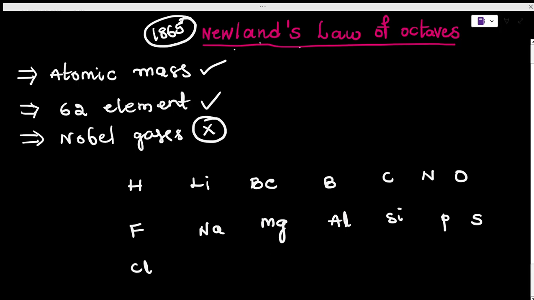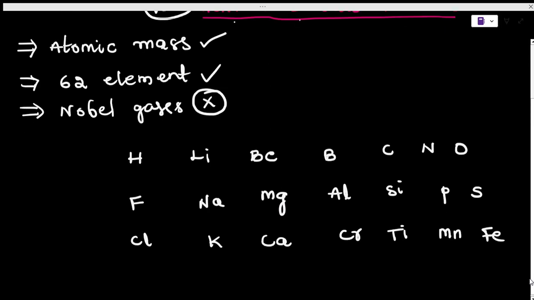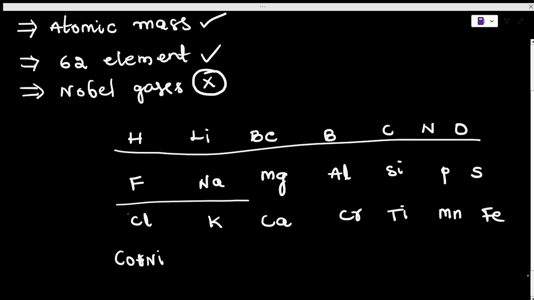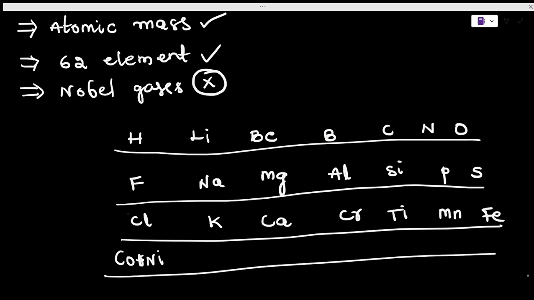Next one chlorine, potassium, calcium, chromium, titanium, manganese, iron. Next continues cobalt and nickel. He kept them in the same group only. So when the elements are arranged in increasing order, this is the Newlands law of classification of the periodic table.